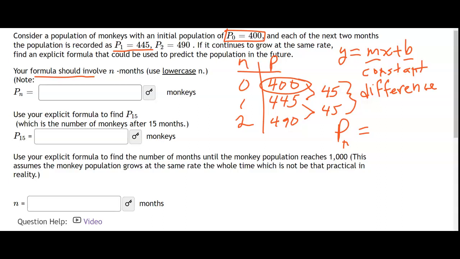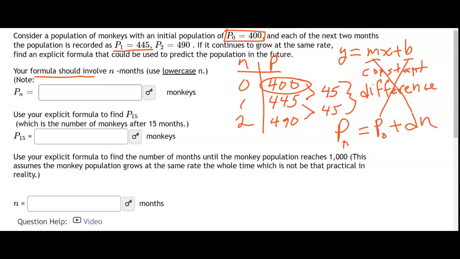So that's our b, or in general, we could also call that P sub 0 the starting point, plus, and then we use d for the constant difference, that's like the slope, and then n is our variable like x.